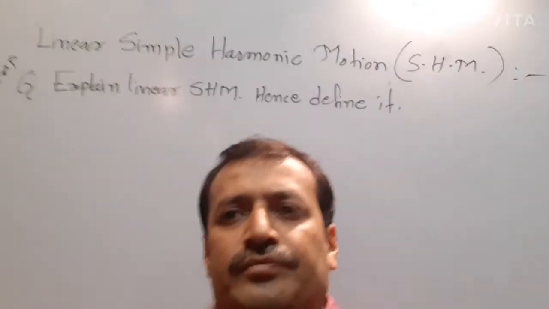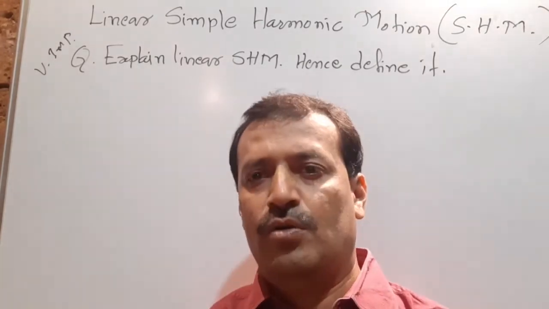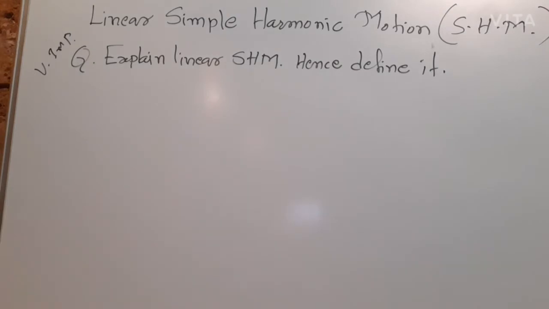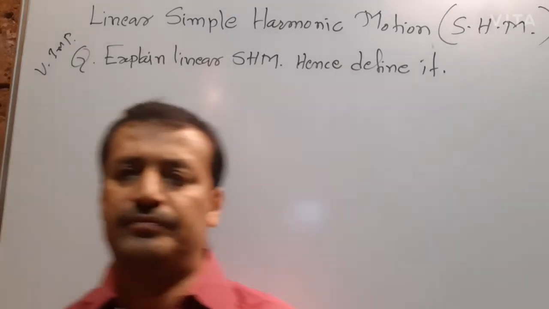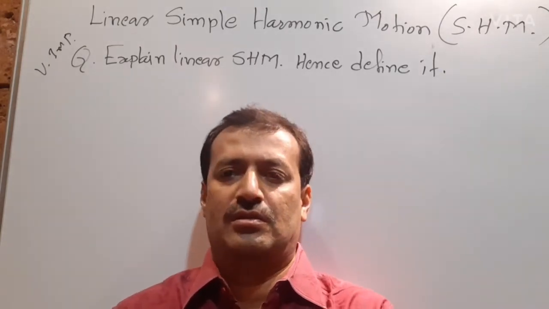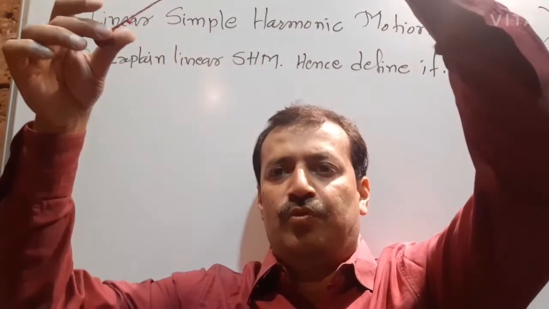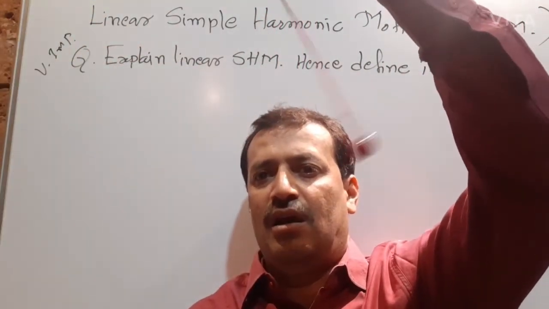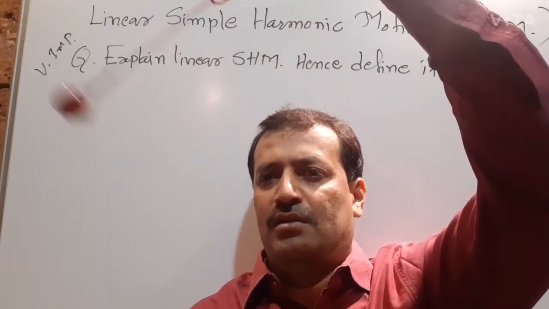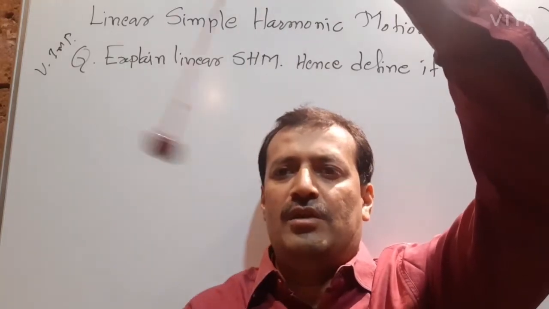Now, in order to understand linear S.H.M, let us consider an example of oscillations of a pendulum. Suppose that this is a pendulum. When it is pulled aside and released, we know that this pendulum performs to and fro motion about the mean point.